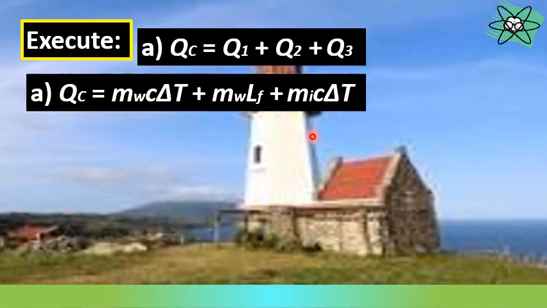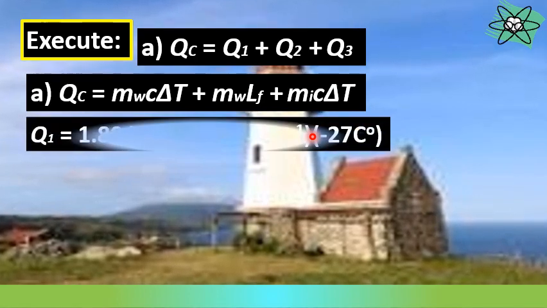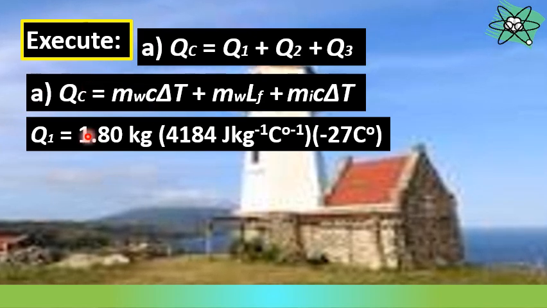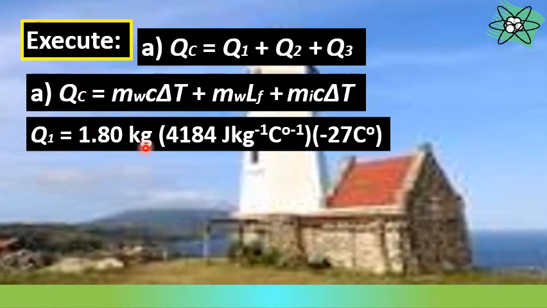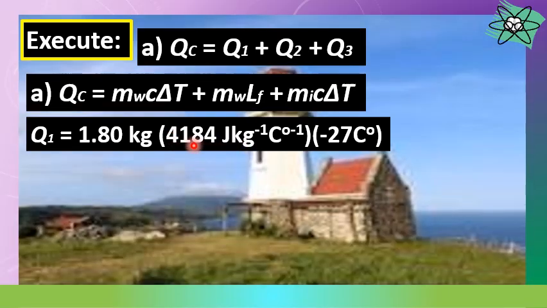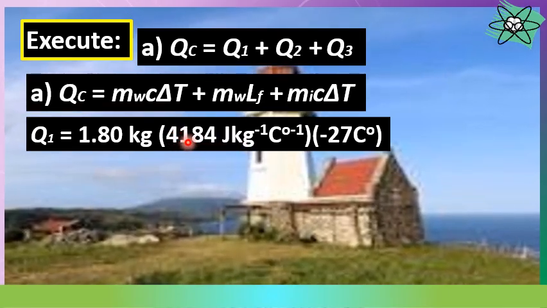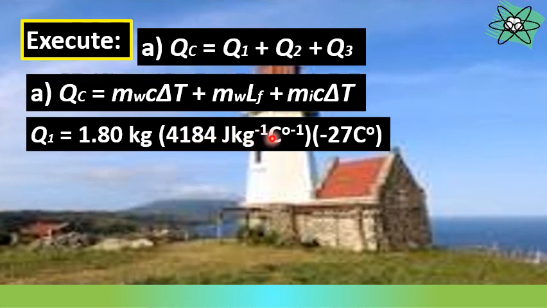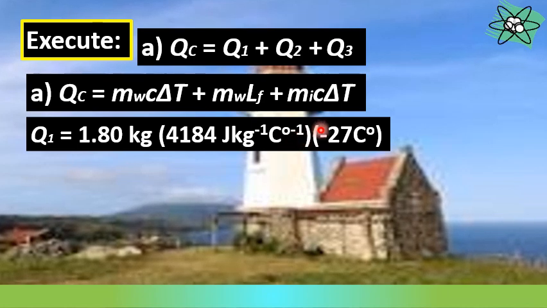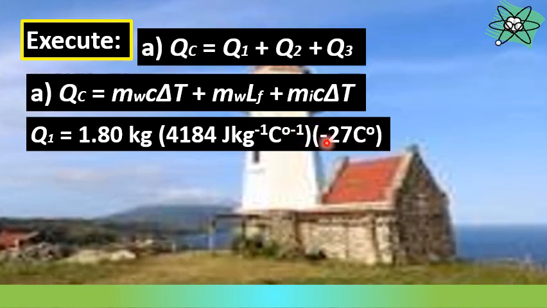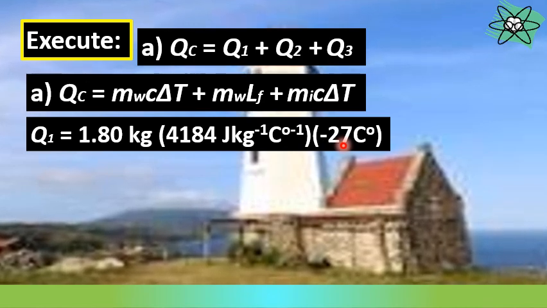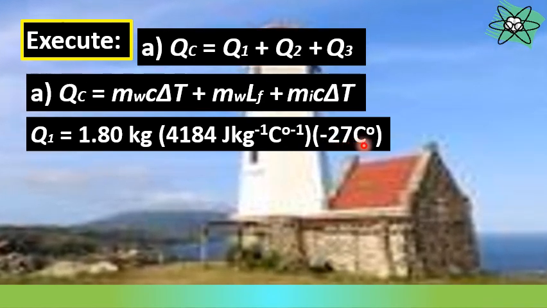Or, when we substitute all the given data, starting with Q sub 1, we have 1.80 kilogram times the specific heat of liquid water equal to 4,184 joules per kilogram per Celsius degree. And then the delta T, which is 0 minus 27 degrees Celsius.